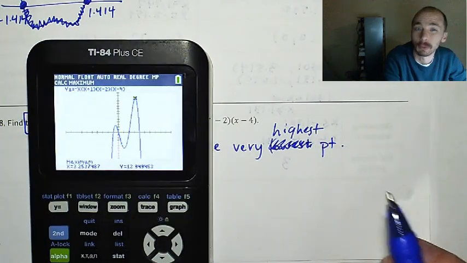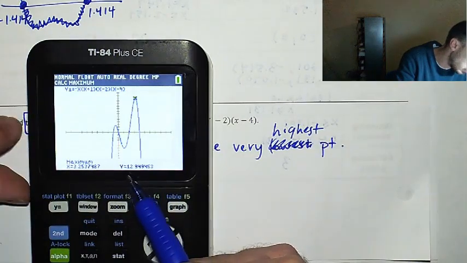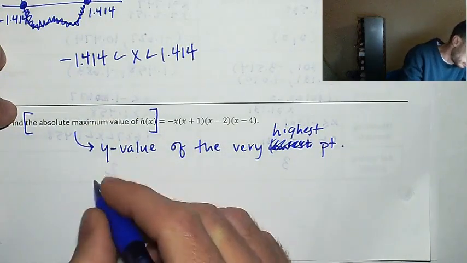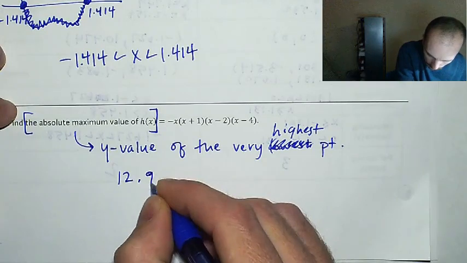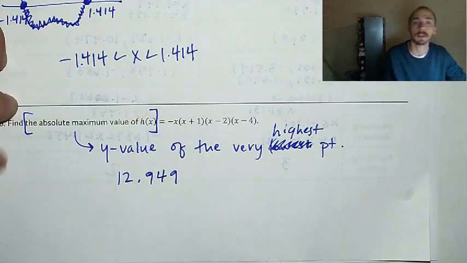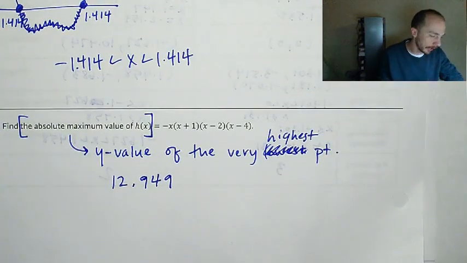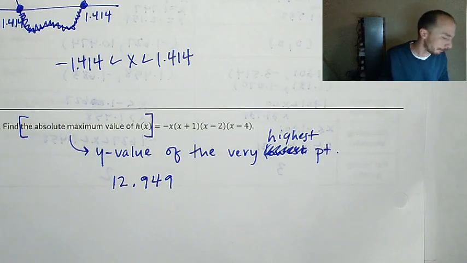But you also might be interested in the actual amount that was the maximum, and in that case, that would be 12.949. 12.949 is the maximum value of h of x over any real number that you can plug in for x. The maximum value you're going to get is 12.949.